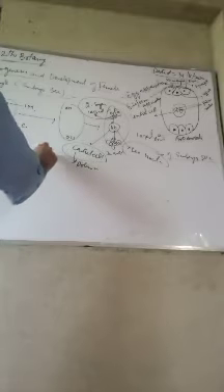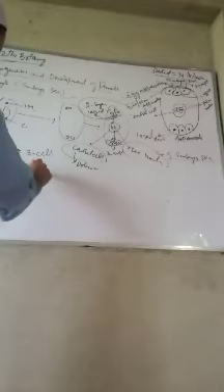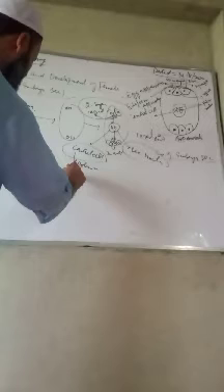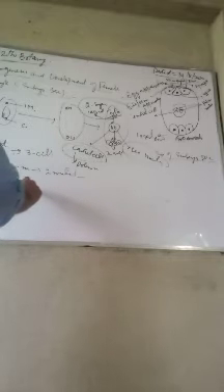Egg apparatus is comprised of 3 cells. Central cell is made up of 1 cell but with 2 nuclei, which we call polar nuclei, and third is antipodals, which are also 3.